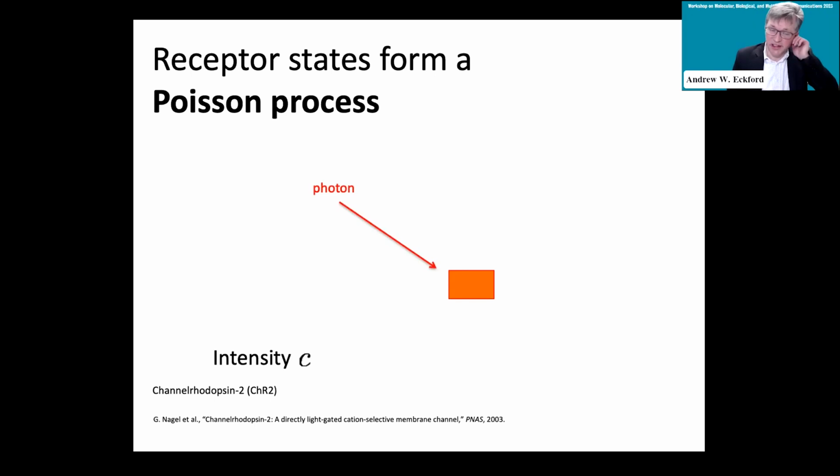Once a photon is incident to the receptor, it opens, and the rate of that reaction will clearly be proportional to the intensity of the light. So brighter light means that reaction tends to occur more quickly because there are more photons to be incident to the receptor. Once it's open, ion current is flowing, and then eventually it will close. So there's a rate beta for the channel to go from what's called open to what's called degraded.